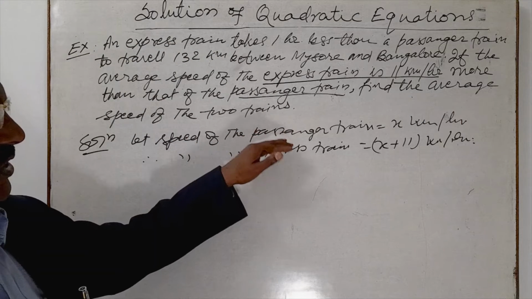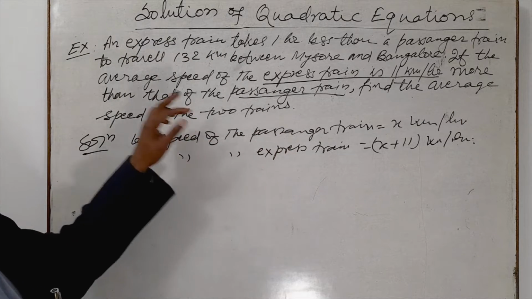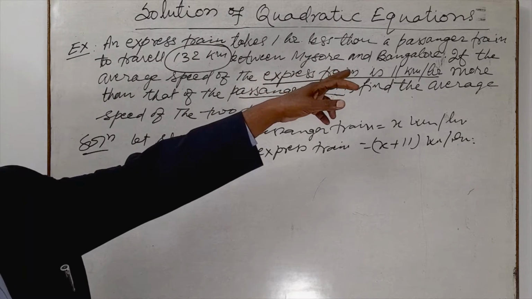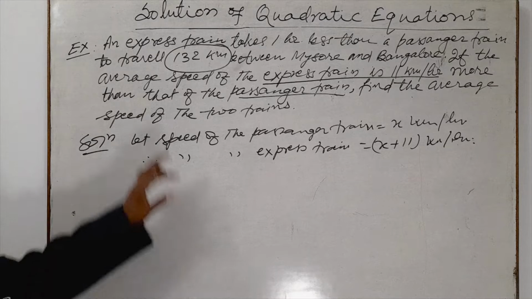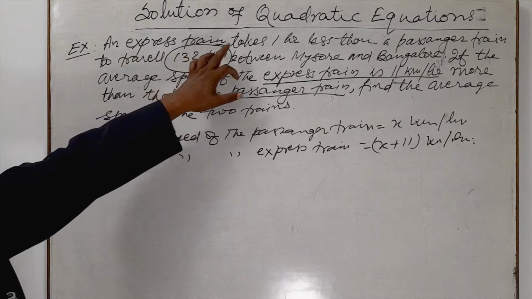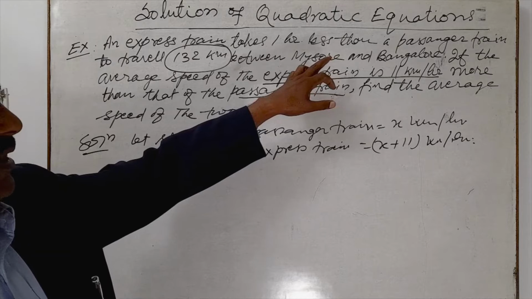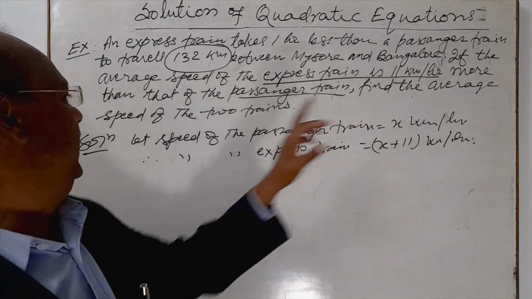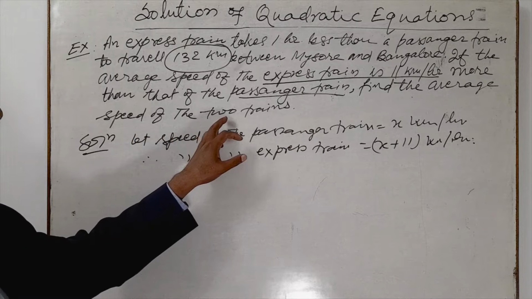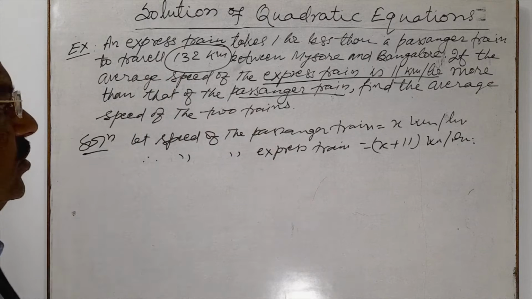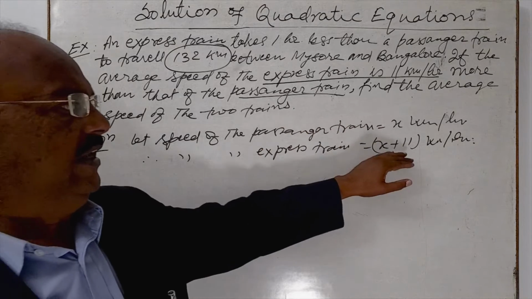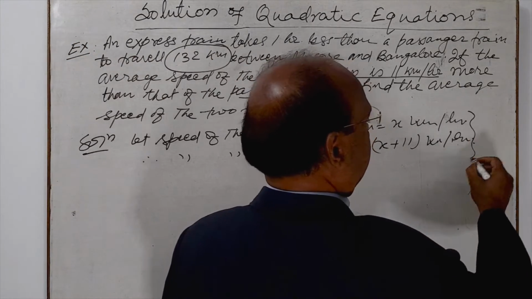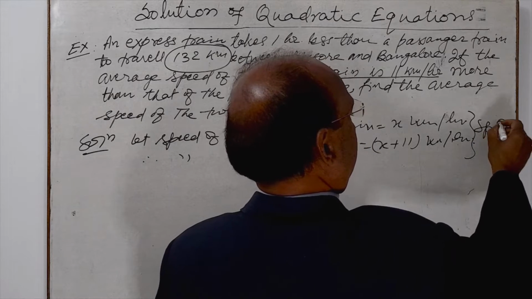And when these two trains travel a distance of 132 kilometer between Mysore and Bangalore, then express train takes 1 hour less, correct? So we have to find the average speed of the two trains. So we have supposed x and x plus 11. These are speeds, correct?